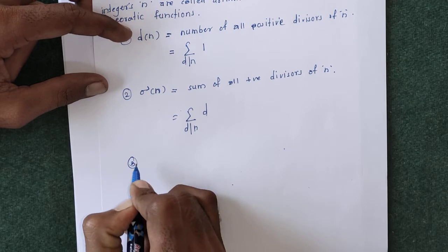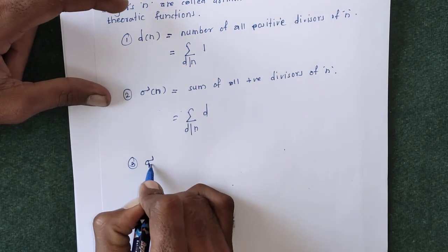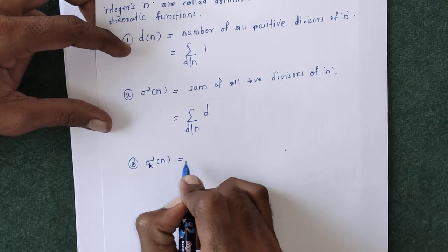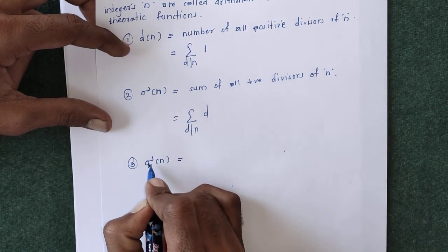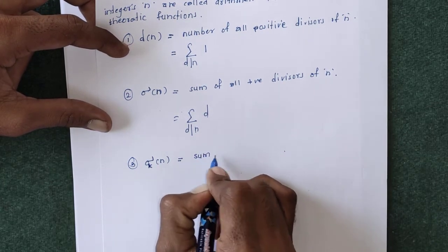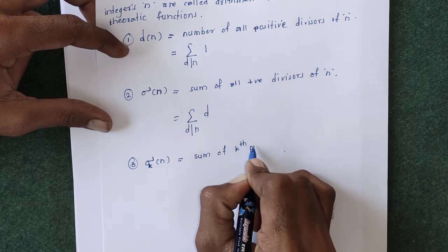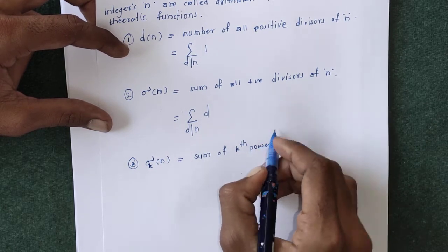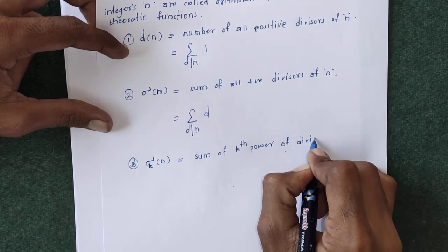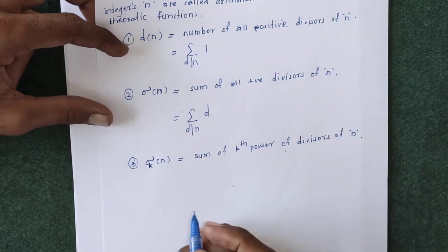Third definition, sigma k of n, sigma with suffix k of n. Sigma k of n means the sum of the kth powers of the divisors of n. Here all are positive divisors.